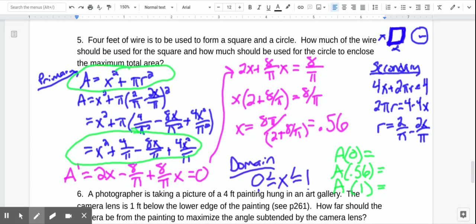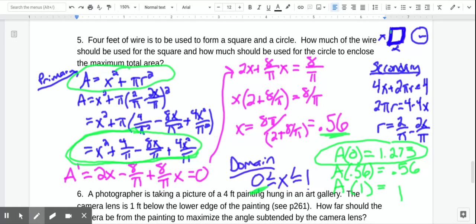So when we come back to this and plug in for x, I'm going to skip showing you how to do that in the calculator. We get 1.273, 0.56, and 1. And notice that 1.273 is actually the maximum area. So even though we got an answer of 0.56, that's not the actual answer. What we really want is for x to be 0.